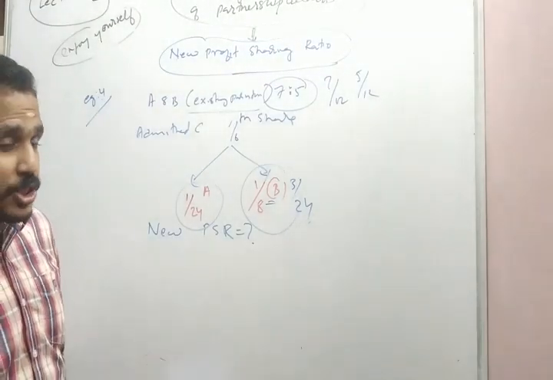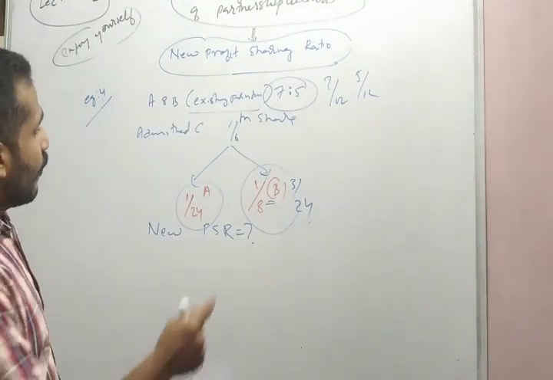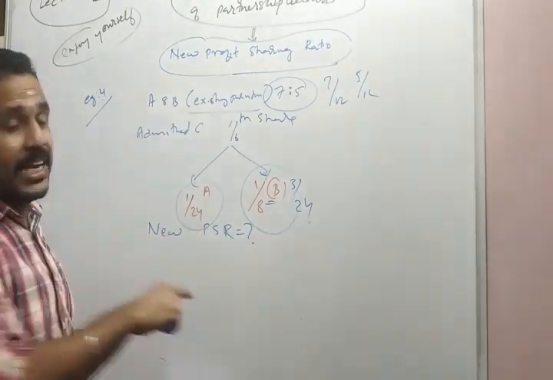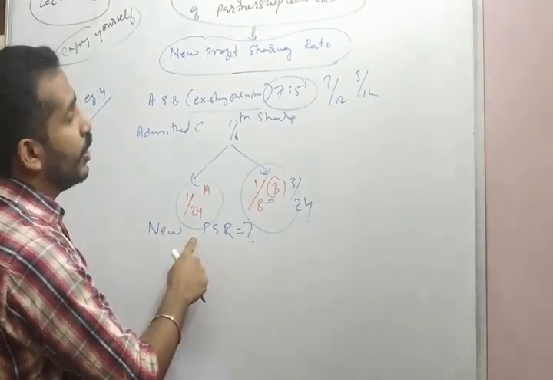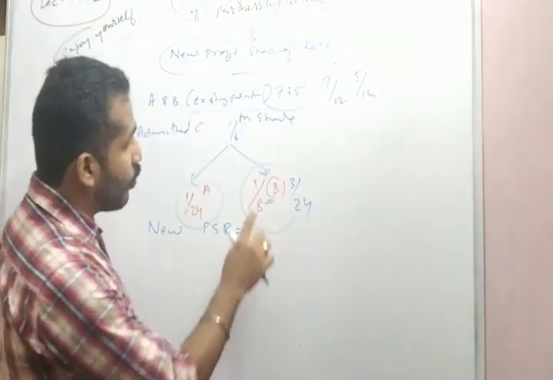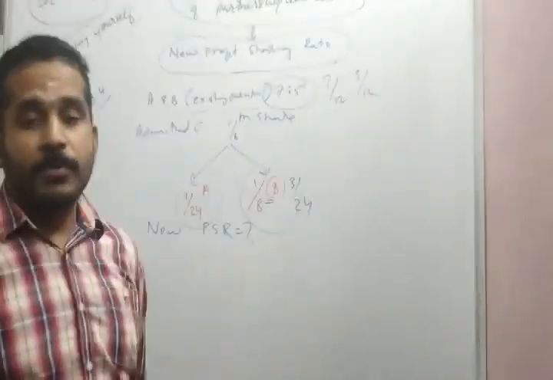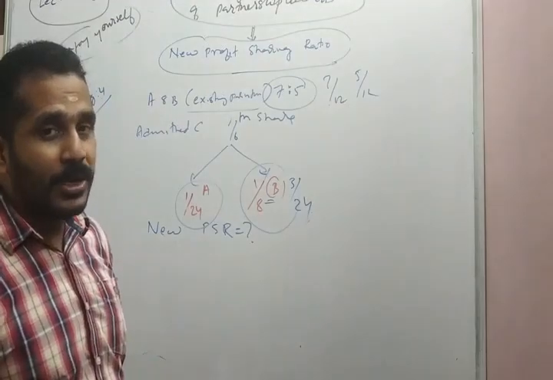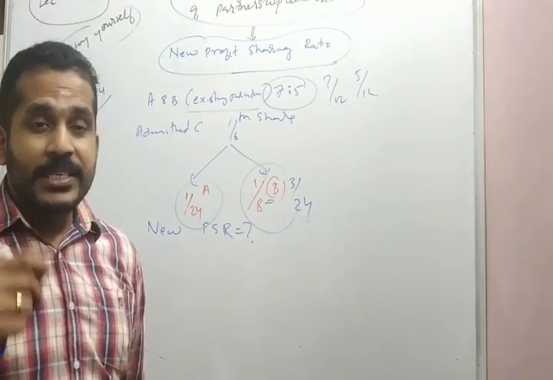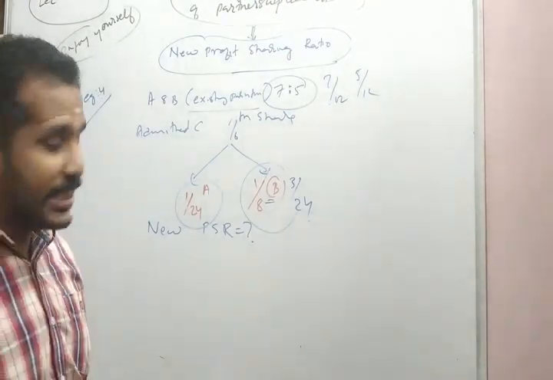So 1/6 share is taken by C from A and B. A has sacrificed 1 by 24th of his share from 7 by 12, and B has sacrificed 1 by 8th from his share of 5 by 12 in the future profits. So how will we compute? Like example 3, the sacrificing ratio of the existing partners is given in the question.